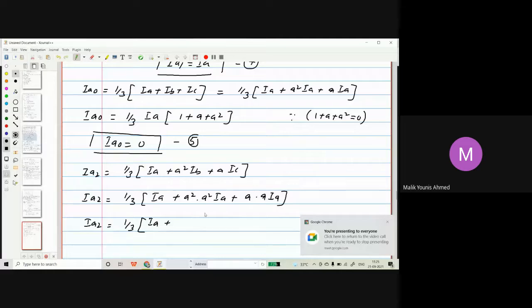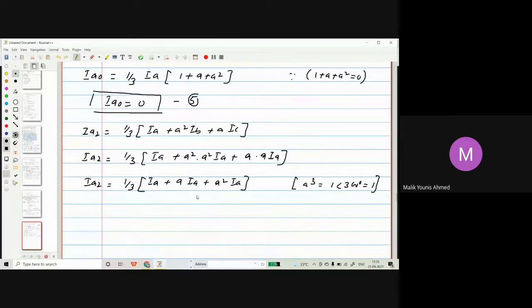IA plus A cube is 1, that will be AIA, A square. You should know that A cube is equal to 1 at an angle of 360 degrees, so we can write it as 1 reference. Out of this, A3 will be 1.